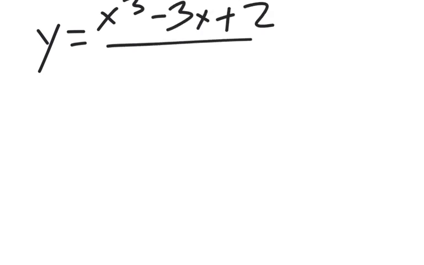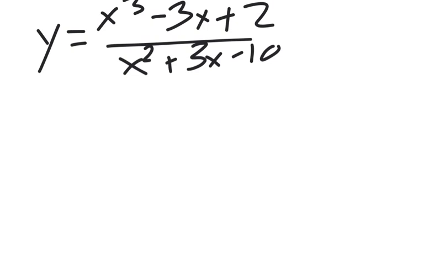I showed you graphically how to tell where they intersect. Let's do it algebraically. So my original function was y equals x cubed minus 3x squared plus 2 over x squared plus 3x minus 10.